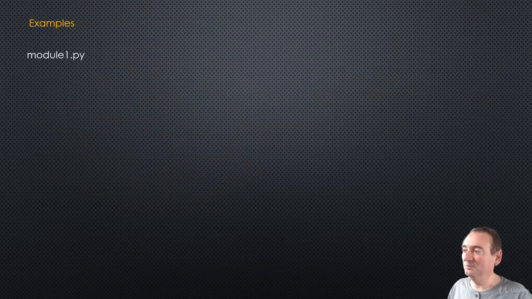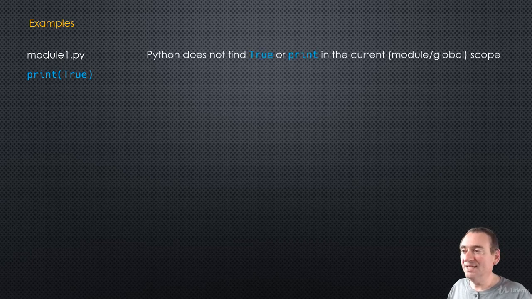So let's do an example. Let's say we have module1.py, and we say print true, right? That's the only line in that module. So what's happening here? Well, Python doesn't find true, and it doesn't find print in the module or the global scope, right? It doesn't find print and true in module 1. We haven't defined print and true in module 1. We're just saying print true. So we're using these things without having defined them already.